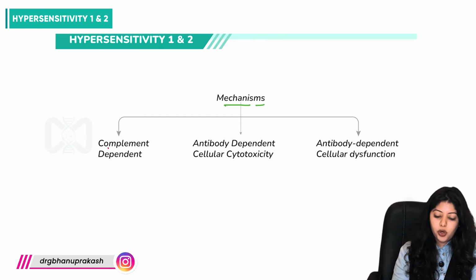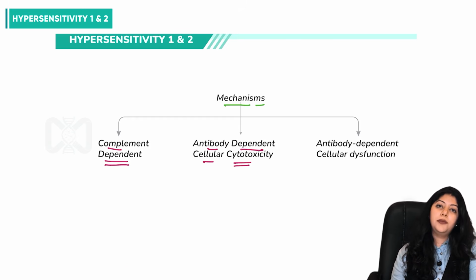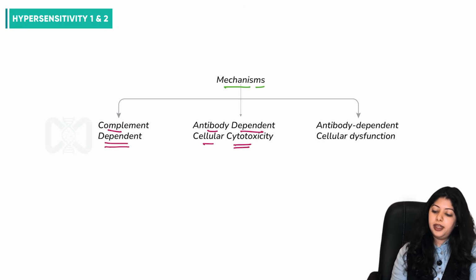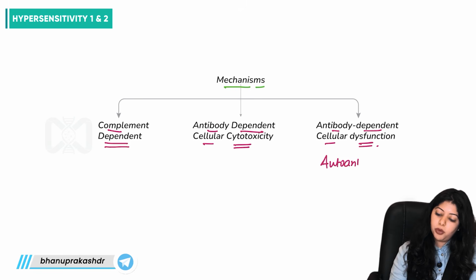We have complement dependent mechanism. Then we have antibody dependent cellular cytotoxicity. And then the third one is antibody dependent cellular dysfunction, which is also autoantibody induced.